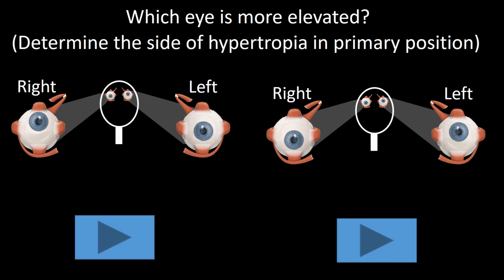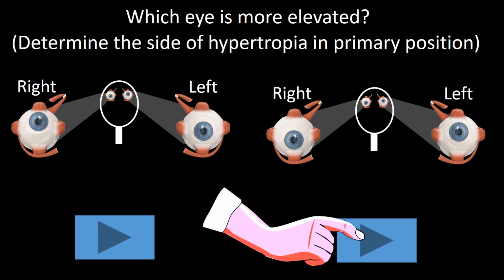In this frame, I have introduced 2 buttons to select one, depending on the patient's finding. Let's say we see a patient with left hypertropia in primary position and go on to press the corresponding button to learn about the muscle involved in this situation and ultimately to eliminate 2 muscles in each eye as possible culprits.